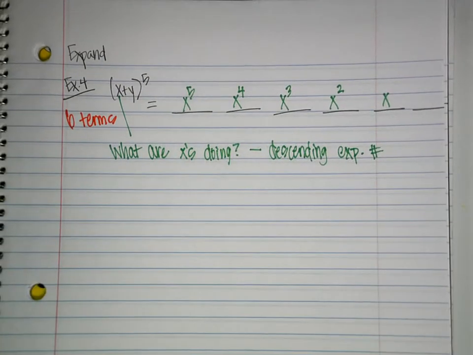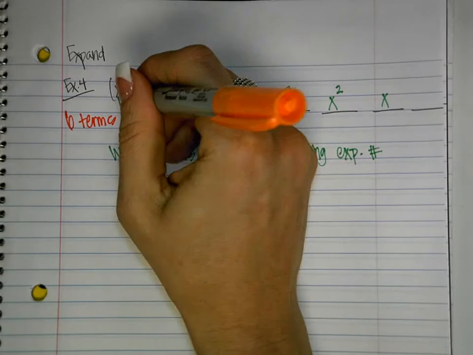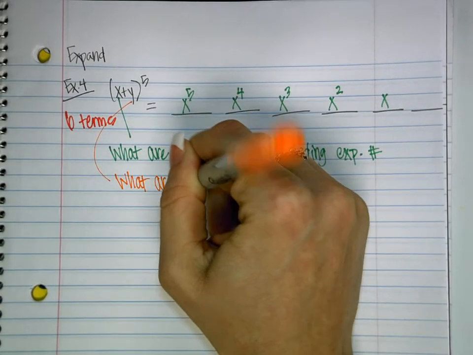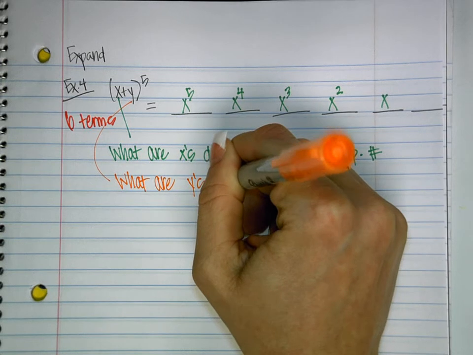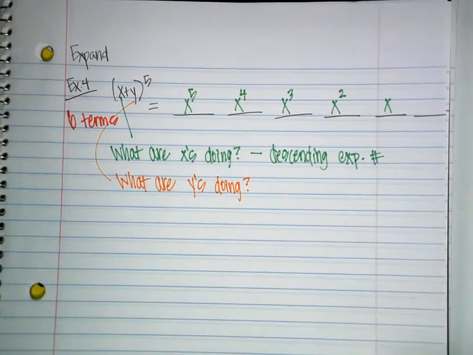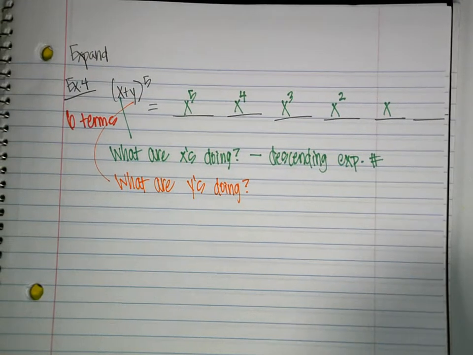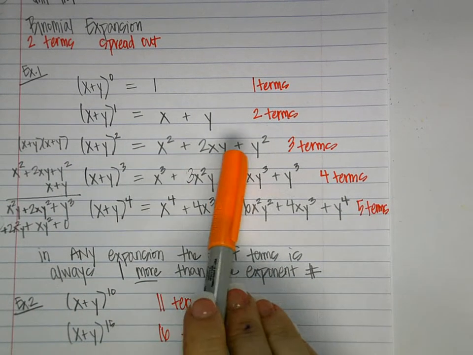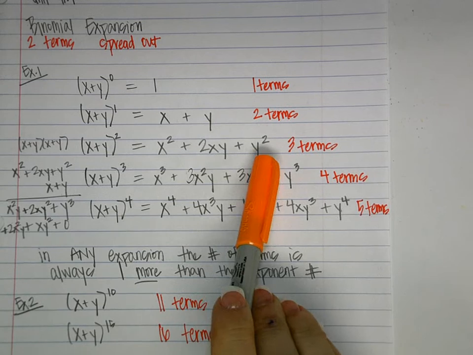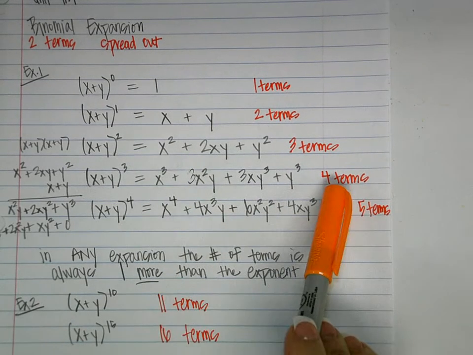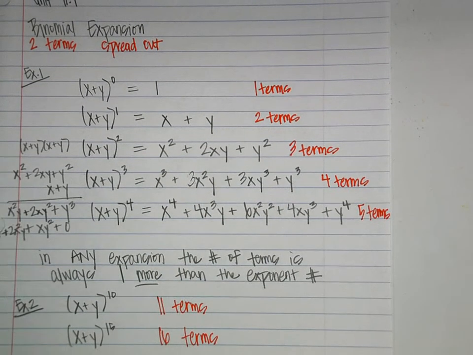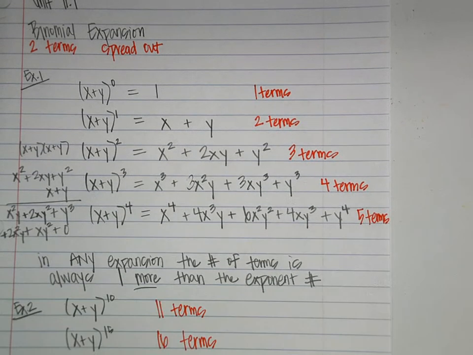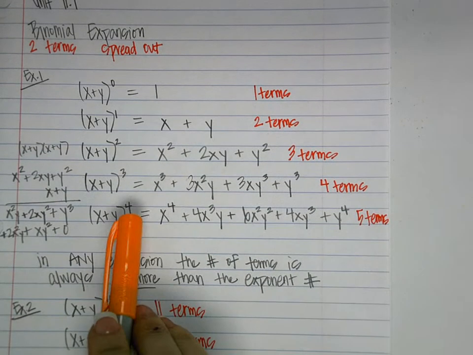Now I want to look at what the y's are doing. Look back at my previous example. What are the y's doing? We have no y. Y to the 1st, y to the 2nd. They are increasing, but where do they start and where do they end? The last one has the total exponent number.